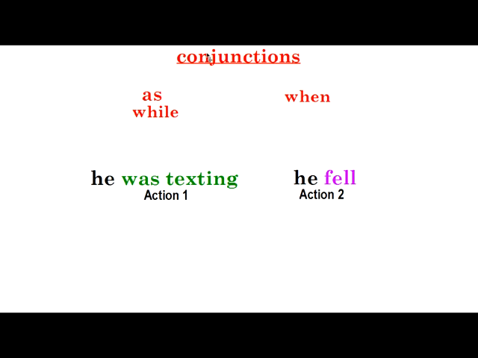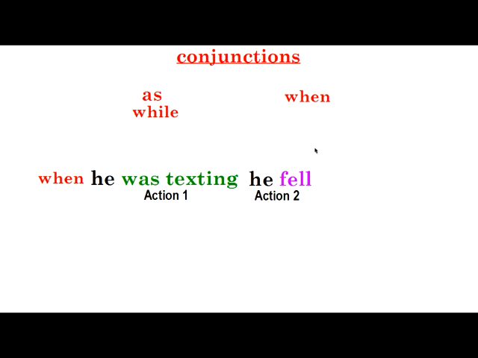Okay, so let's look at our conjunctions. Conjunctions are words that connect two different clauses or two different sentences. So here I have my first action, he was texting, and my second action is he fell. But I need to connect these with a conjunction somehow. So I can use when, and I can say when he was texting, he fell.